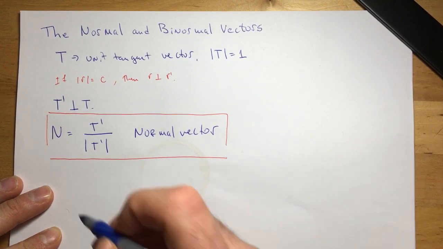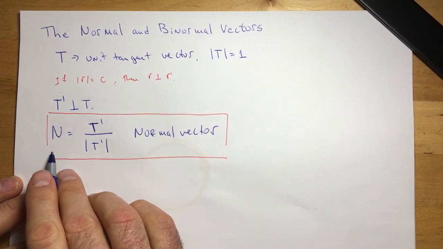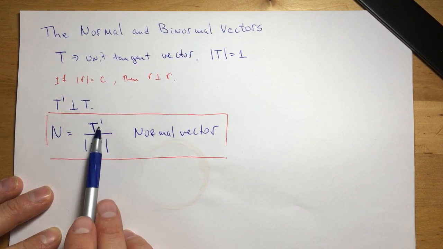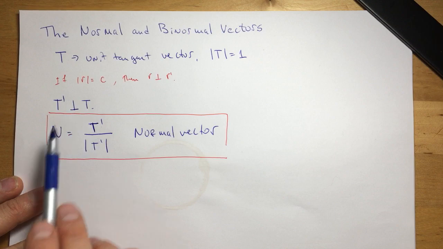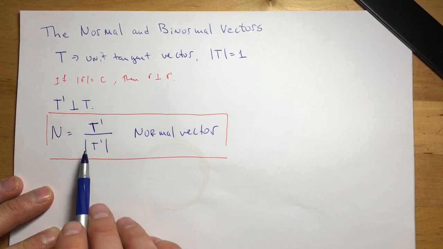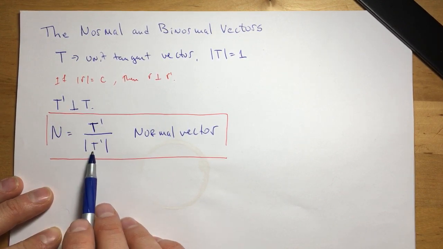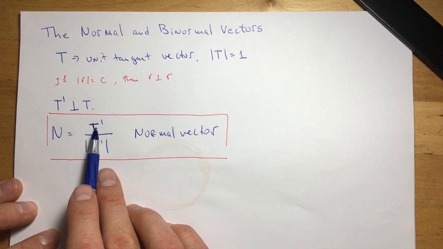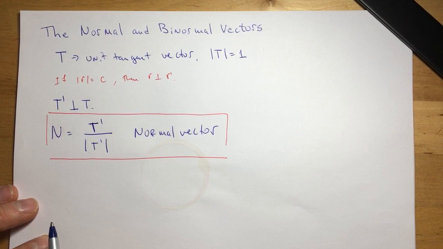So the normal vector is orthogonal to the unit tangent vector because it has the same direction as T prime, and we already said that T prime is orthogonal to T. Moreover, it has length 1 because it's divided by the norm of the derivative of the unit tangent vector.